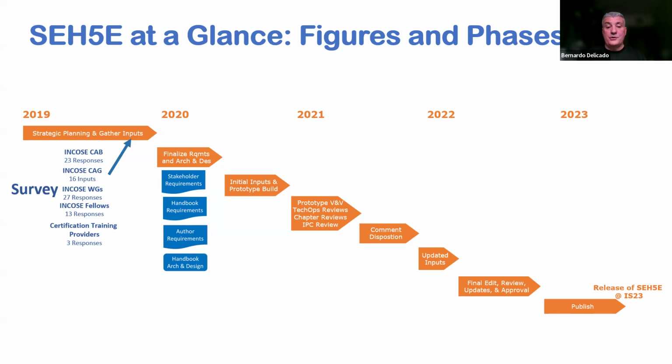So we produced the top-level requirements: the stakeholder requirements, the handbook requirements, the author requirements, and the handbook architecture and design requirements.